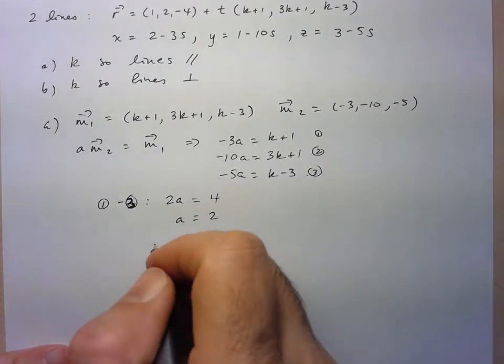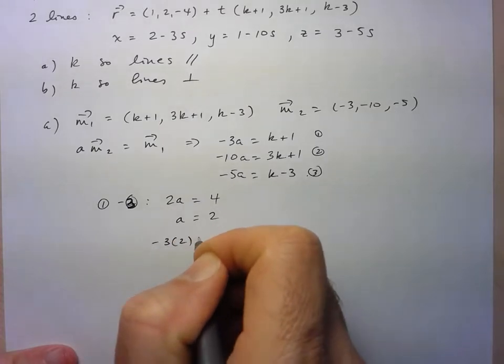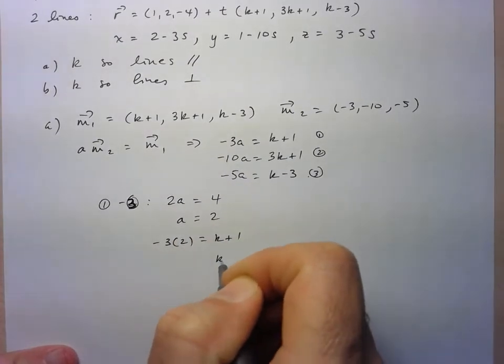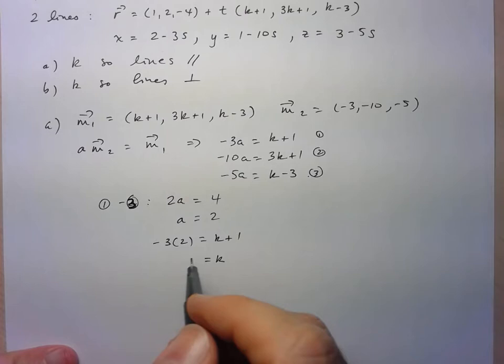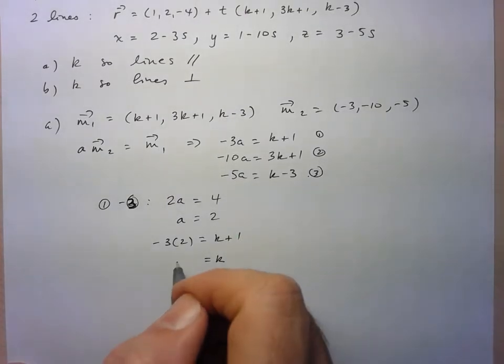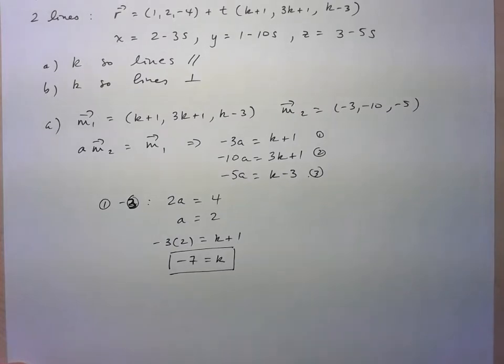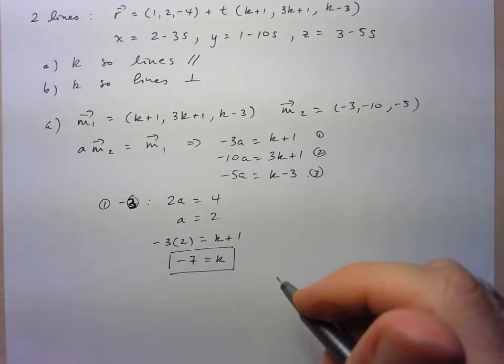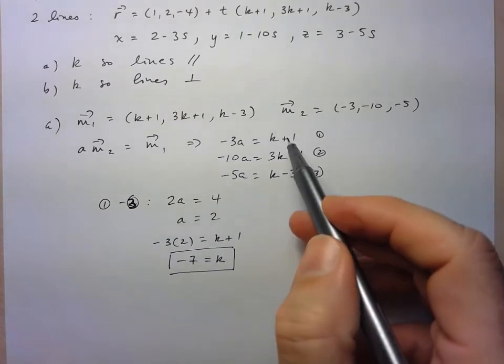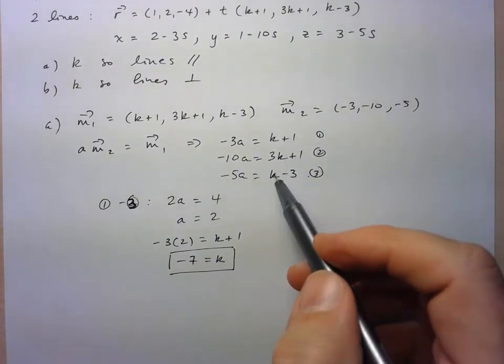I'll take equation 1, so -3 times 2 is equal to k plus 1, so k is equal to -6 minus 1, which is -7. So this is the k value that will allow these two components to be scalar multiples of each other.